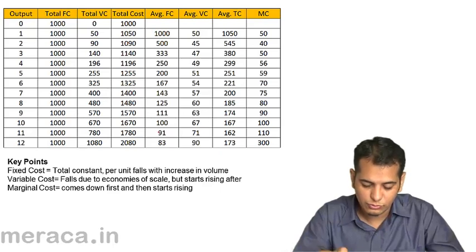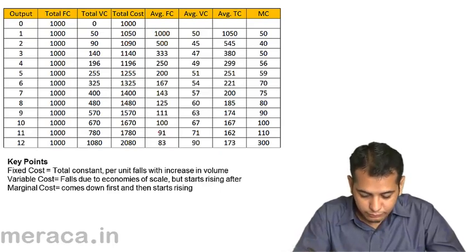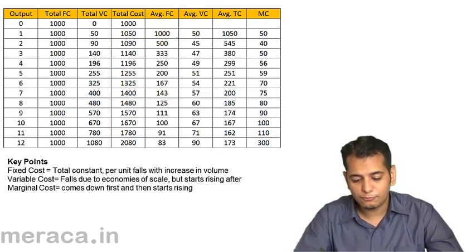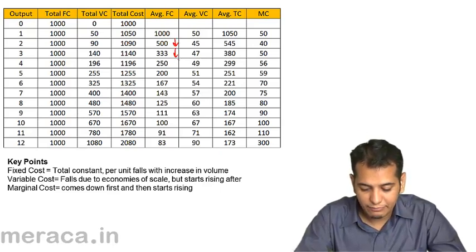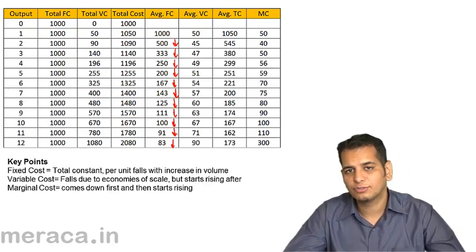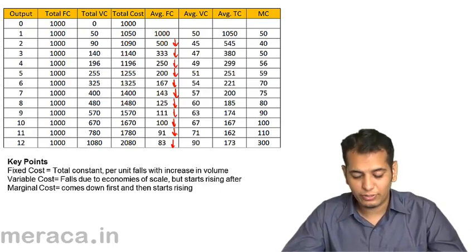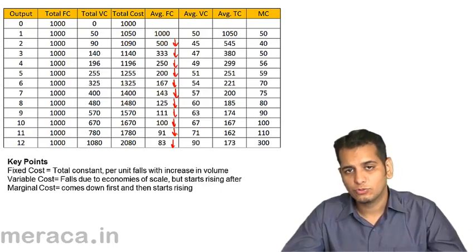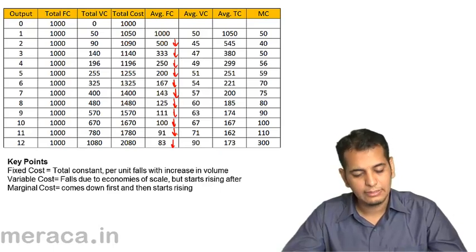So on and so forth. If you closely observe, you will see that average fixed cost is falling at all levels. As you go on increasing your production, your average fixed cost goes on decreasing.